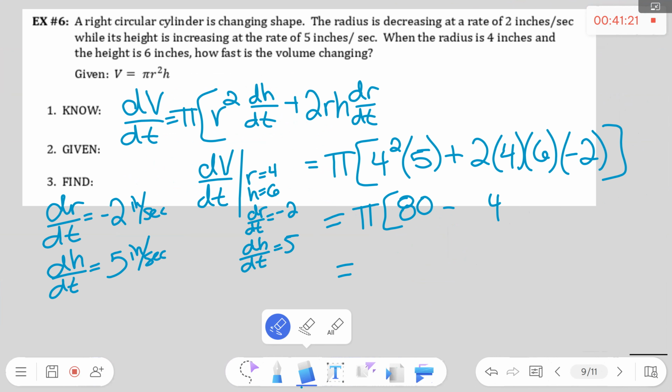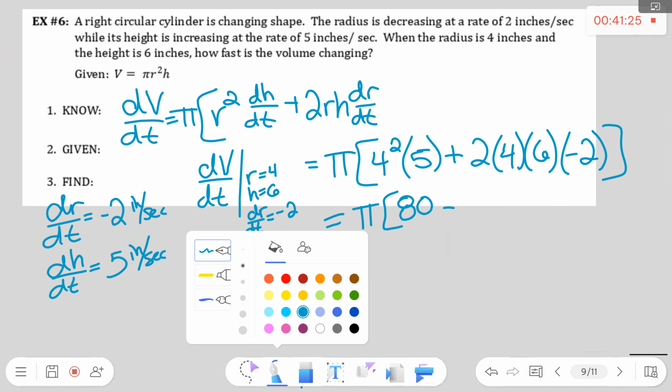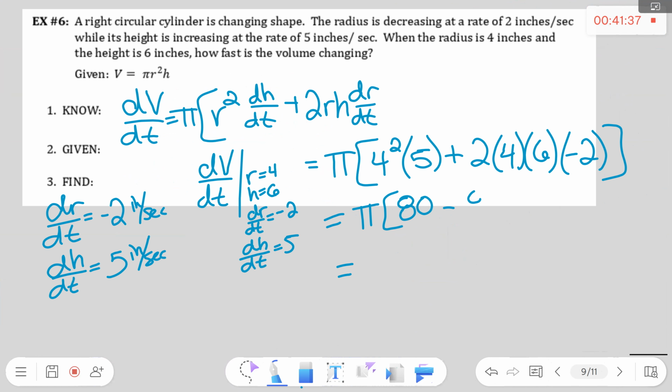Come on. If I get this right, I might. So that would be 96. Yep.